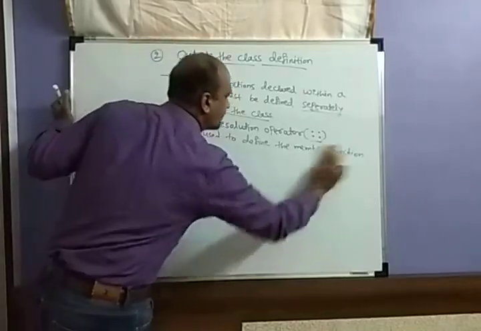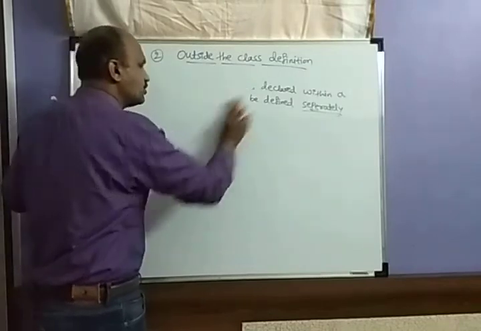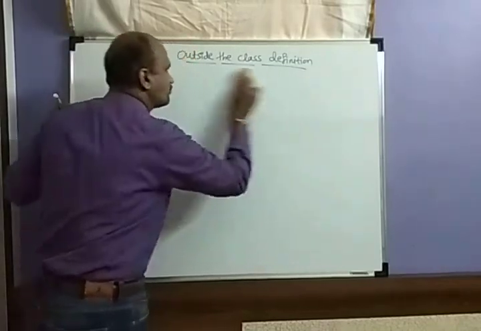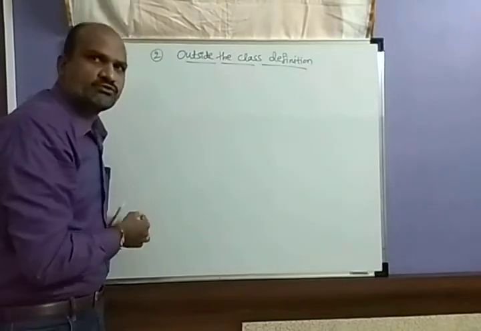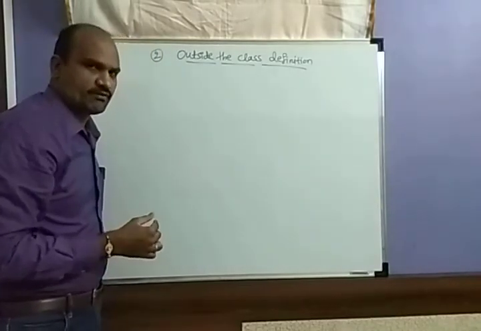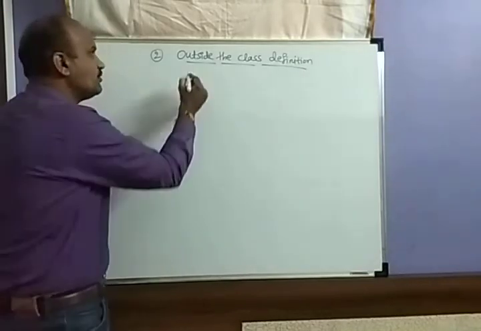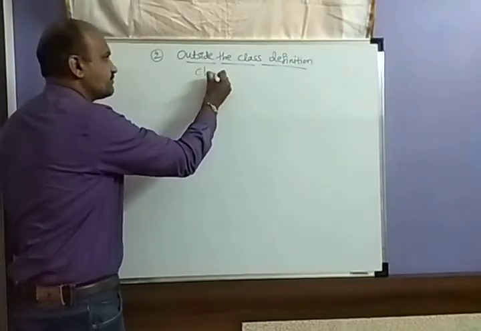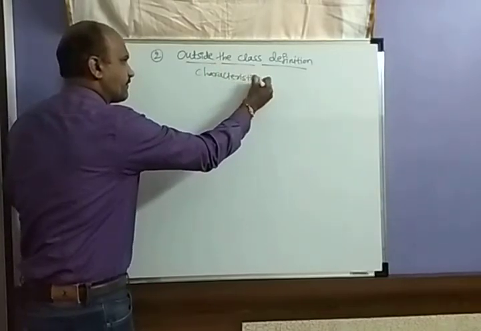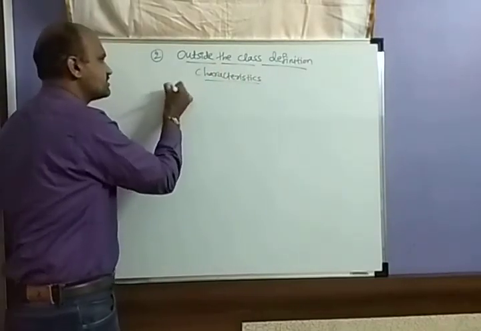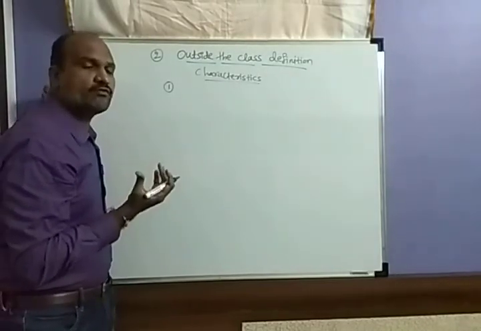Now we will see some characteristics of member functions. You remember two points. One, the scope resolution operator is very important; you use it to access the member function outside the class, along with the syntax. The first characteristic: the type and the number of arguments.